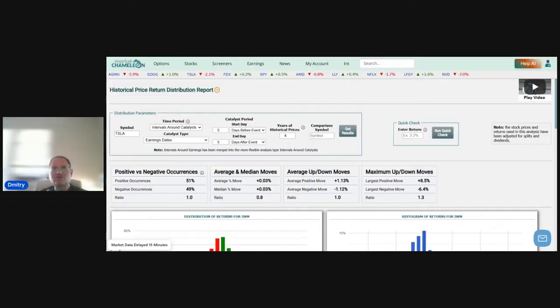Since we have this earnings date, this calculator is going to retrieve those earnings dates. We want to know what the start time and end time are that we're trying to calculate the returns for. We could look at before the earnings, after the earnings, use this drop down, and set the amount of days before or after.